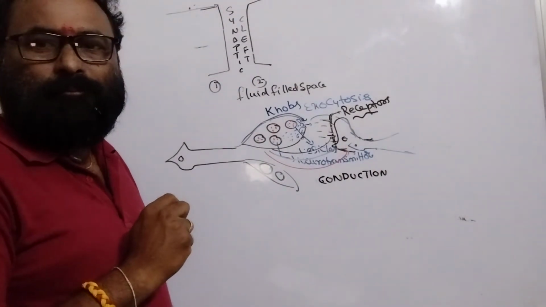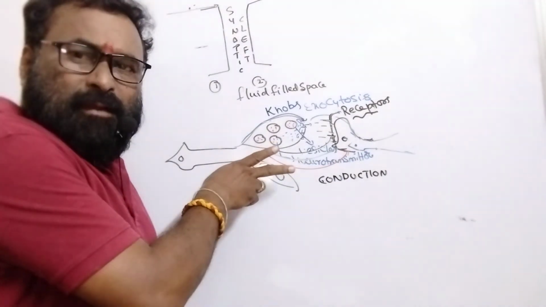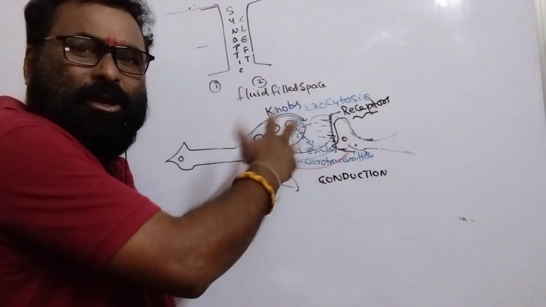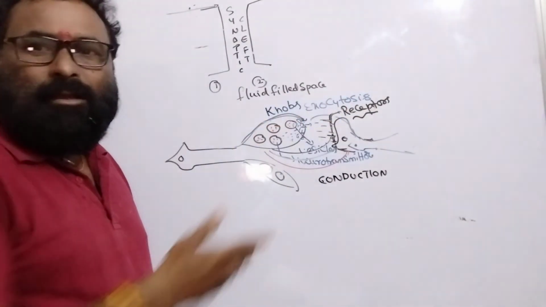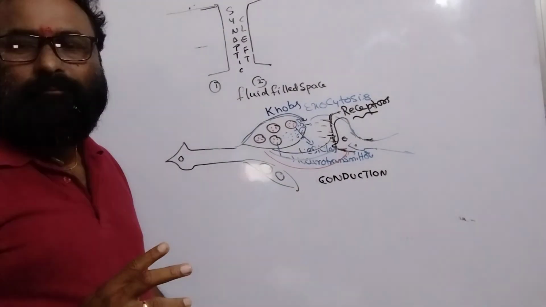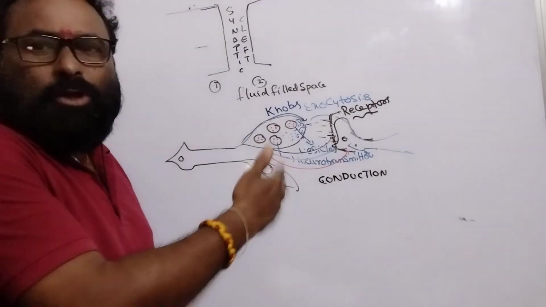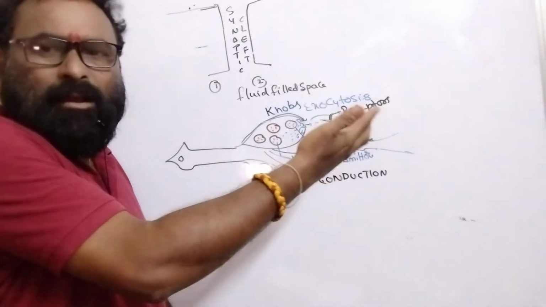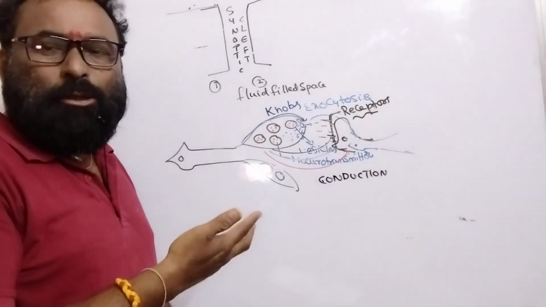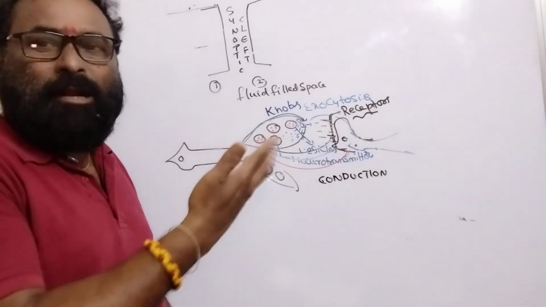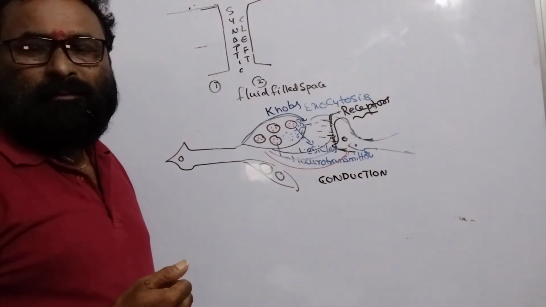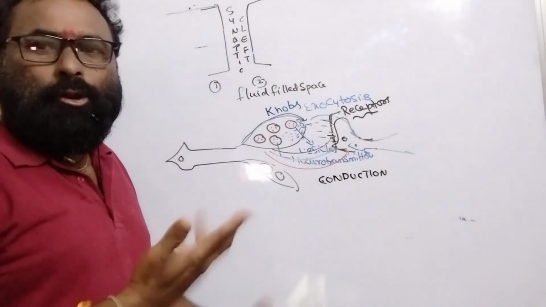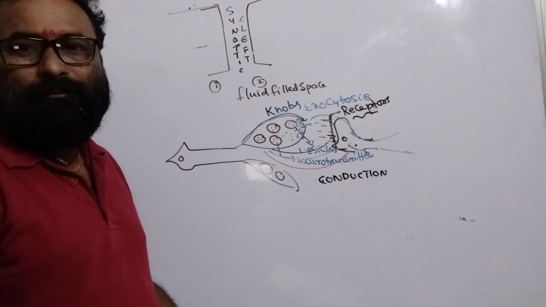Otherwise they are not able to conduct and they dissipate. Those that cause depolarization in the next nerve cell are called excitatory action potentials. Those not able to conduct an action potential are called inhibitory action potentials.